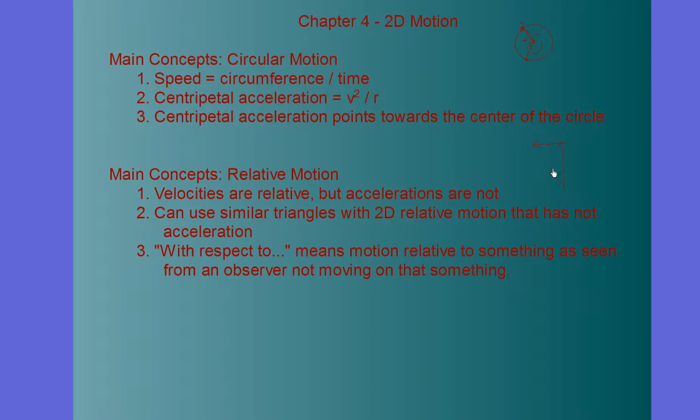Your plane will actually follow this path right here, because its engines are pushing it that way, and the wind is pushing it that way. So you could say this is the relative path that you would take compared to the ground, and also this is the direction of your velocity, I should say.